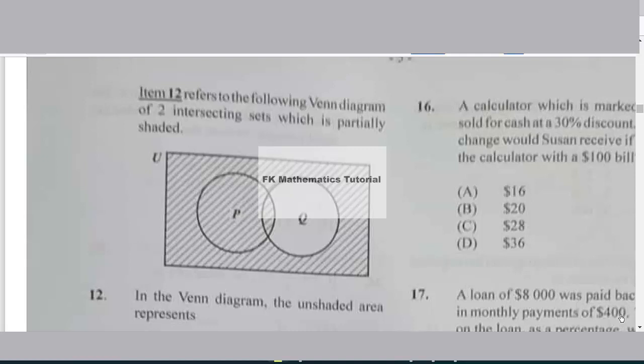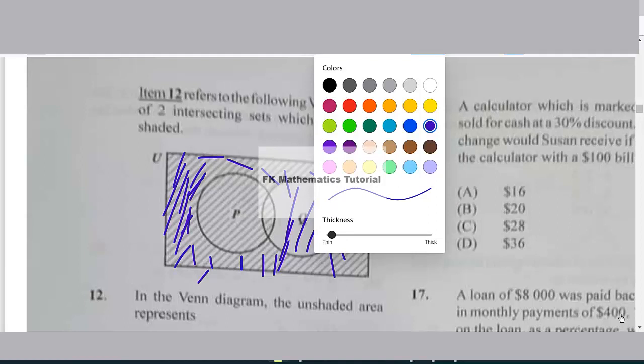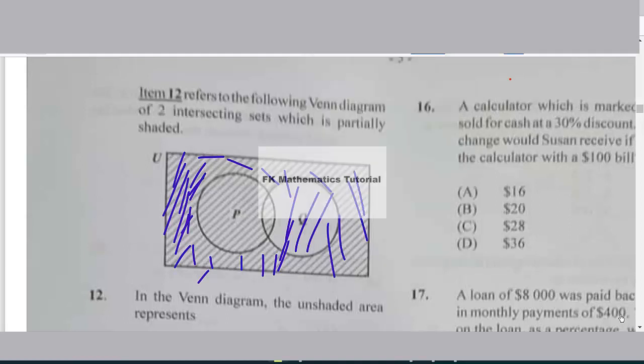So now I'm going to shade P prime. If I'm shading P prime, it will be all the region outside of P. So this is P prime. Now I'm going to shade Q, all the region inside of Q.